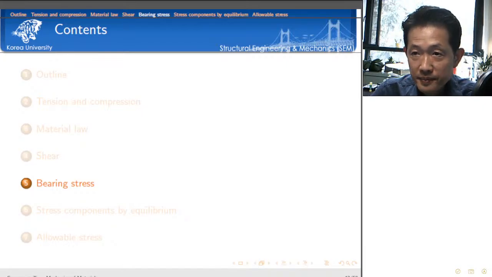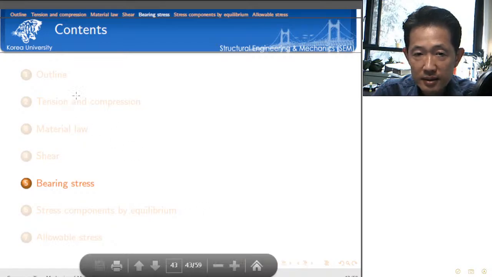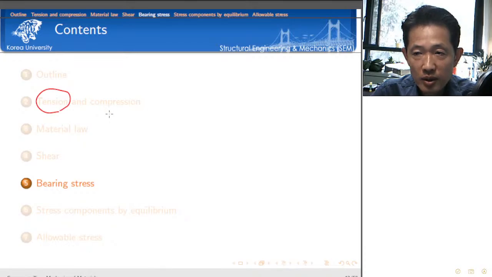Hello. Today let's talk about the concept of bearing stress. Last time we talked about the tensile stress and the compressive stress, isn't it right? For these, we considered an average stress over the cross section.